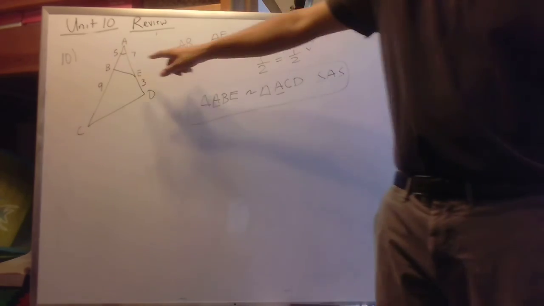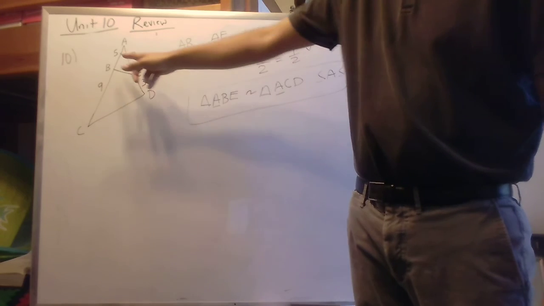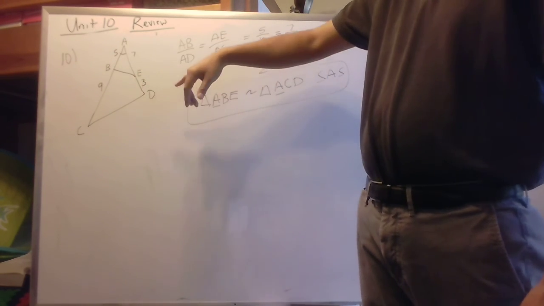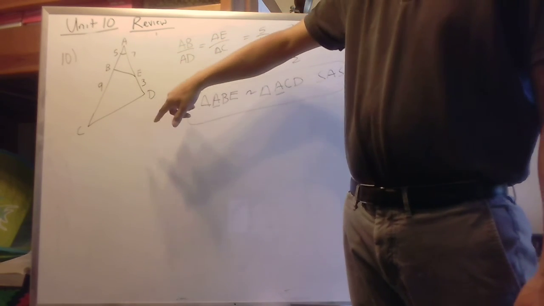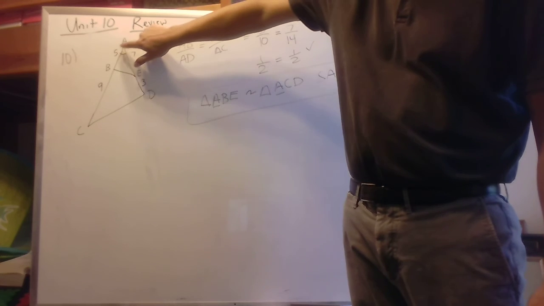So you just set up a proportion, AB over AD, because AB is the shorter side of triangle ABE.